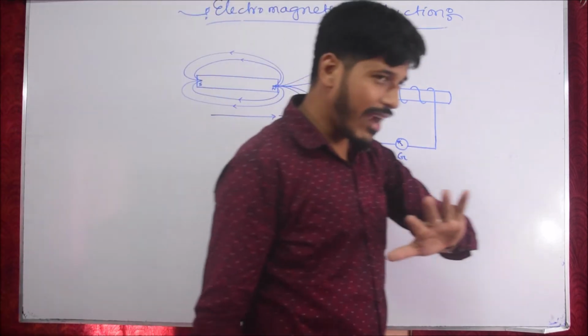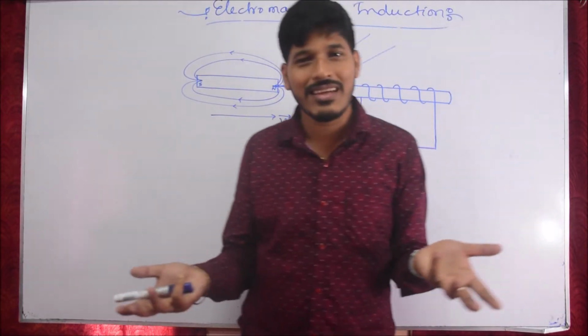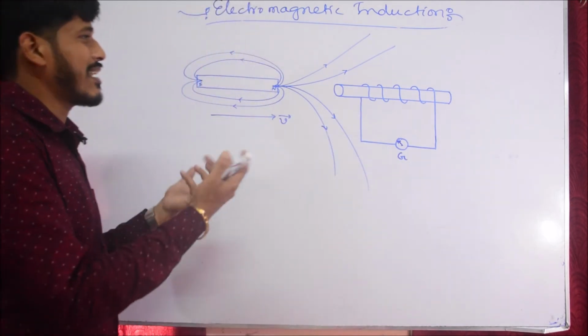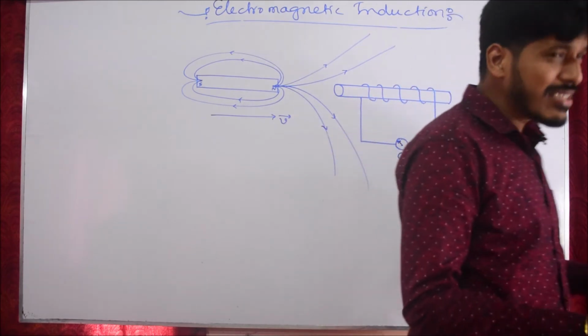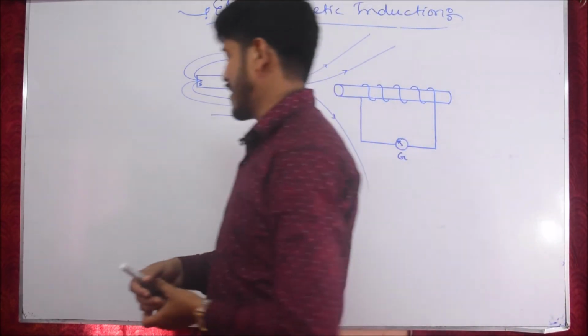Simply, if there is any change in magnetic flux linking the coil or conductor, there is a generation of induced EMF in it. Understand now? This is your electromagnetic induction.